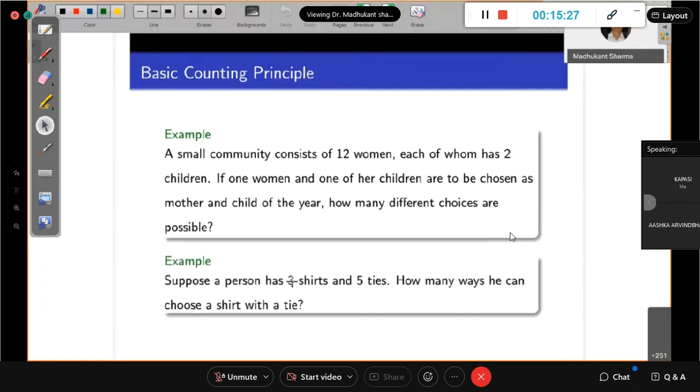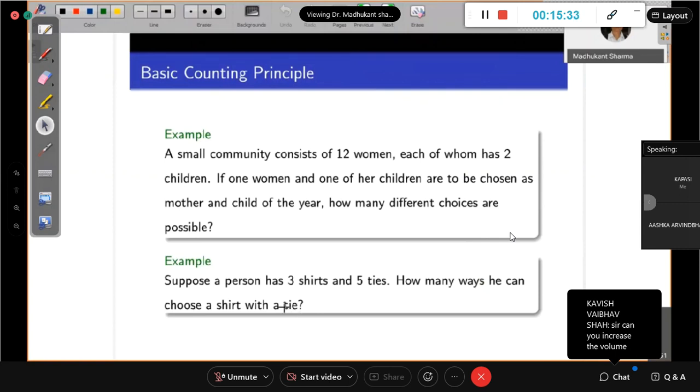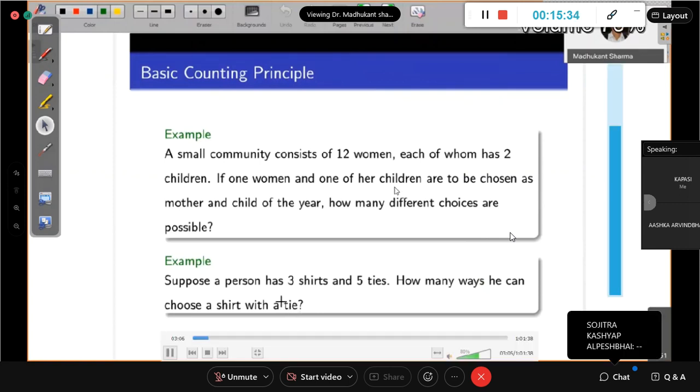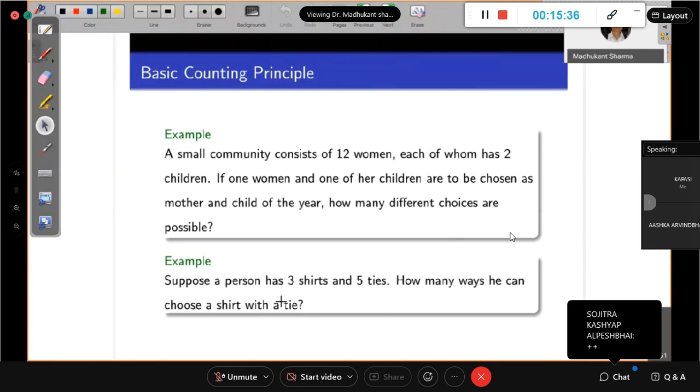Suppose a person has 3 shirts and 5 ties. In how many ways can he choose a shirt with a tie? He wants to go to a party, so he will look into the mirror. How many possibilities are there? You can denote the shirts as S1, S2, S3, and each has 5 choices.